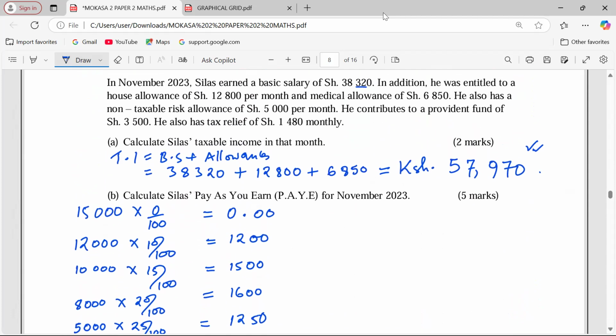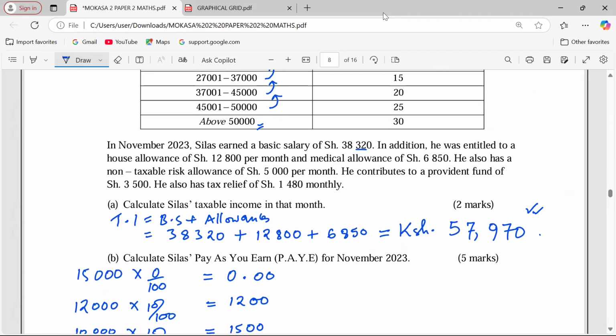Then in the last band, we have taxed up to 50,000, but now the total taxable income is 59,970. Therefore, what amount has not yet been taxed? The total taxable income, we take 59,970, and we subtract the previous limit, 50,000.